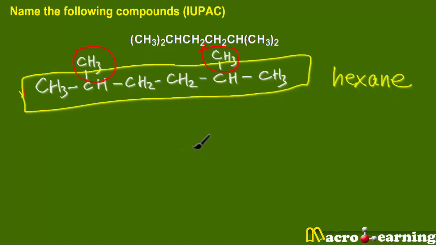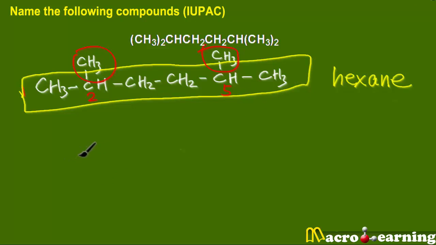When it comes to numbering, it really doesn't matter which side we start from, because it's symmetrical. Either way, the 2 methyl groups will receive the same numbers: if we start from the left, it's 2 and 5, and it's going to be 5 and 2 if we start numbering from the right hand side.